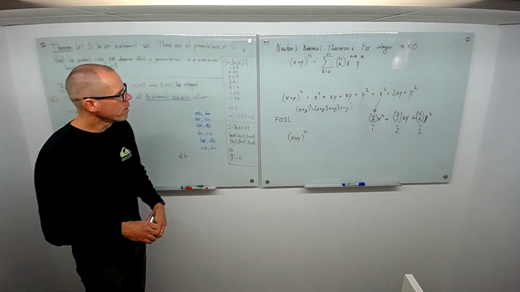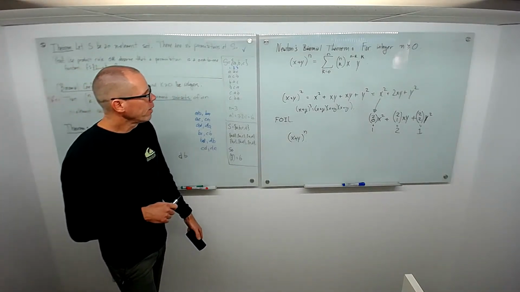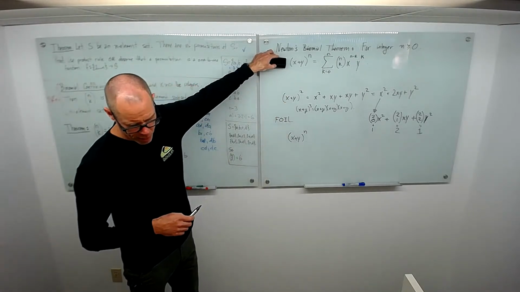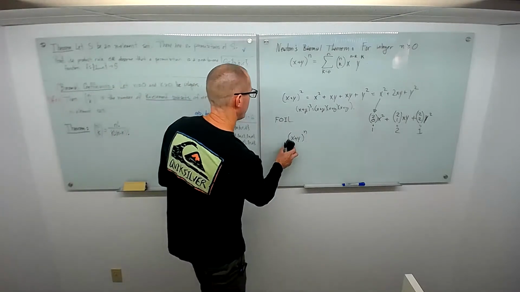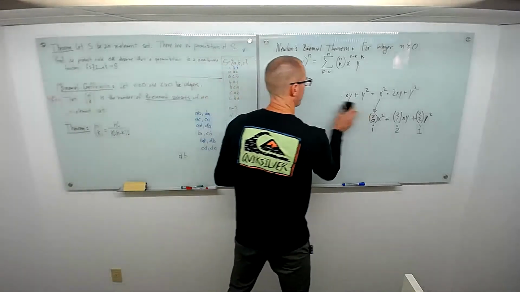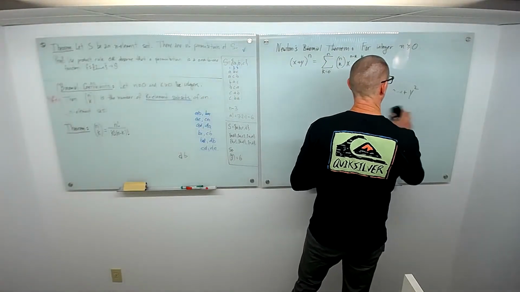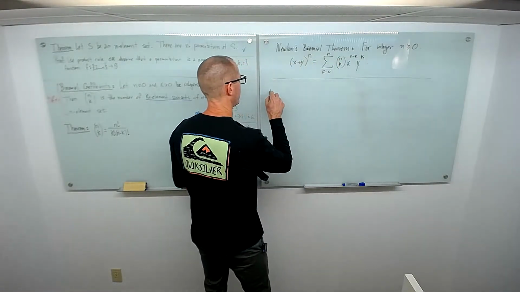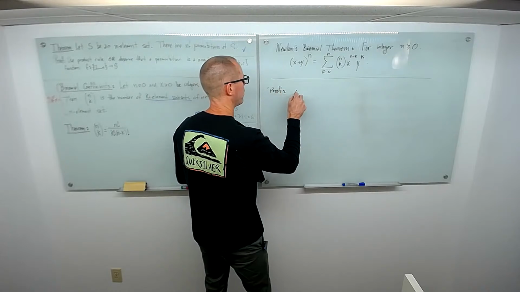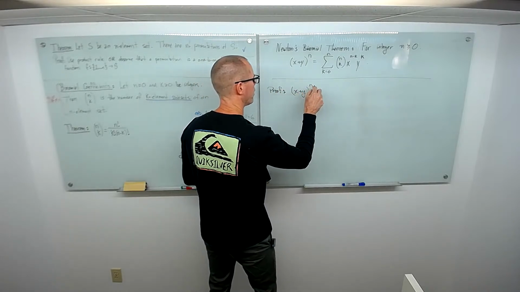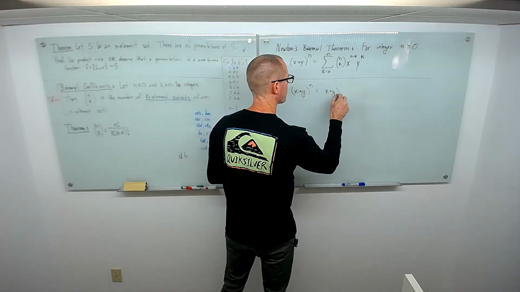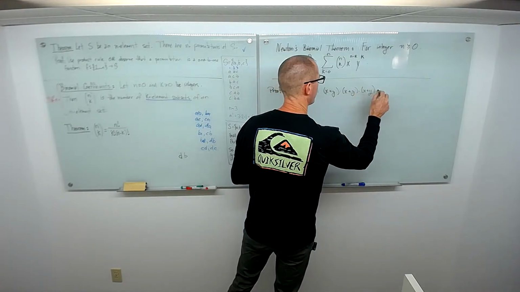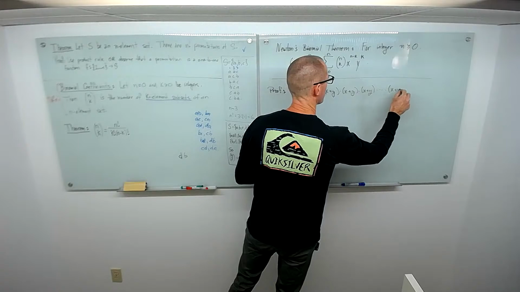And where does it come from? How does this formula arise? Or what does the proof look like? Well, it really comes from exactly what we've just been doing. When I take x plus y to the n, and I write it out longhand, that's x plus y times x plus y times x plus y, and so on, n times.